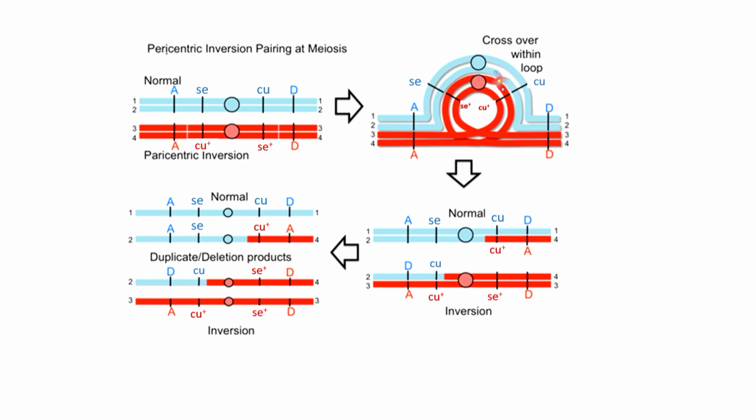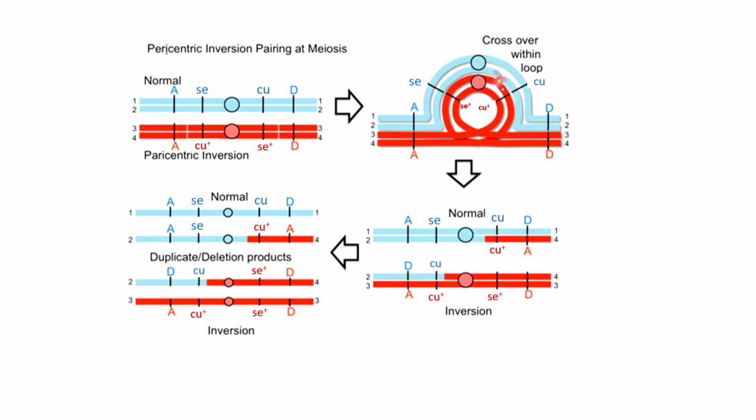The same thing happens in pericentric inversion also. Again here I am showing you Se stands for sepia, Cu stands for curved wing, and these two are on the two sides of the centromere, and the other side is Cu plus, Se plus, that is the normal one.